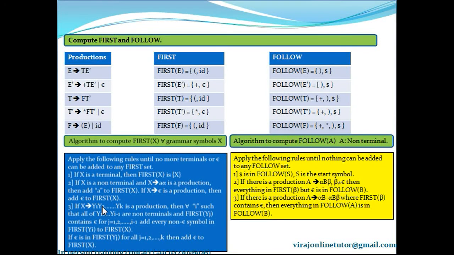If first of Y2 again contains epsilon, then move ahead. You keep on moving ahead as long as first of the particular Y contains epsilon. Only if first of all Y's on the right hand side contains epsilon, add epsilon to first of the left hand side, else no. So by now I think everyone is clear how to compute first. Now let's compute follow.